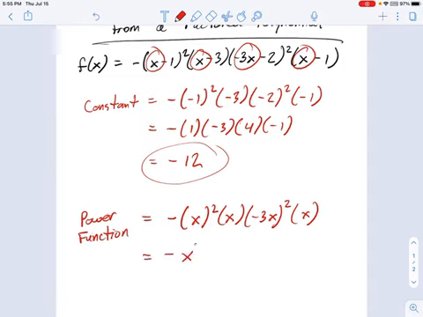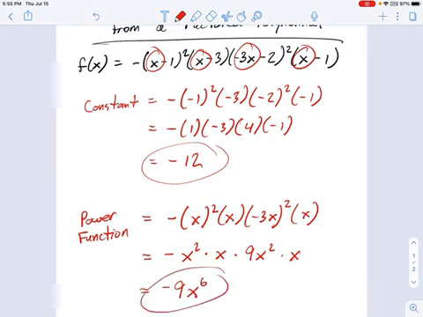We have negative x squared times x times, this one's 9x squared times another x, which gives me negative 9 times, well, let's count up our exponents, 2, 3, 4, 5, 6. I think that's negative 9x to the 6th. That's my power function. So it has a leading term of negative 9, a polynomial degree of 6, and we'll find these things very useful later on.